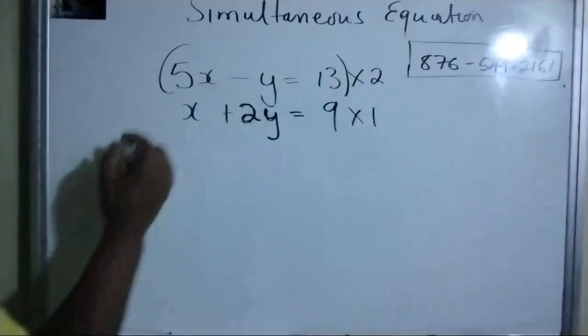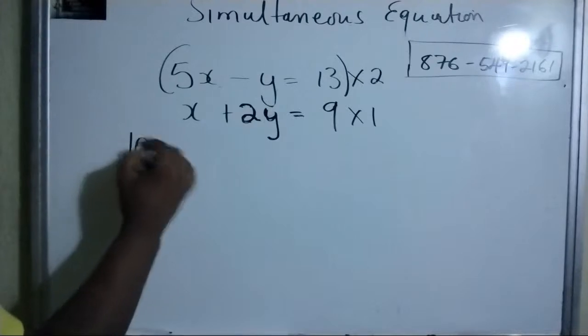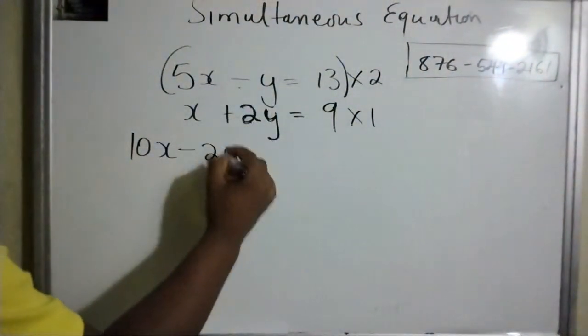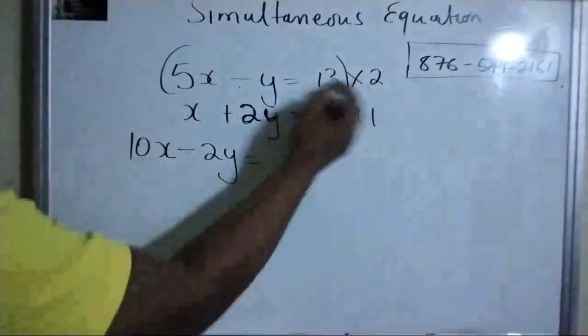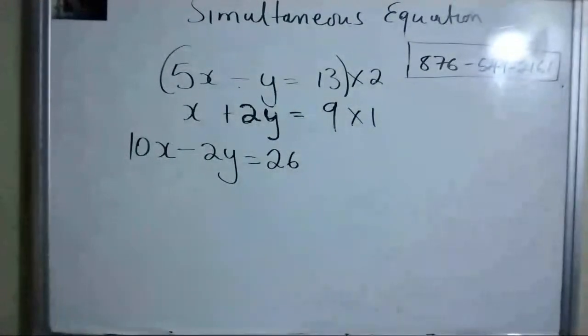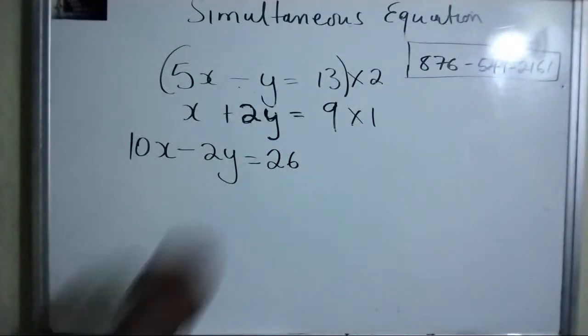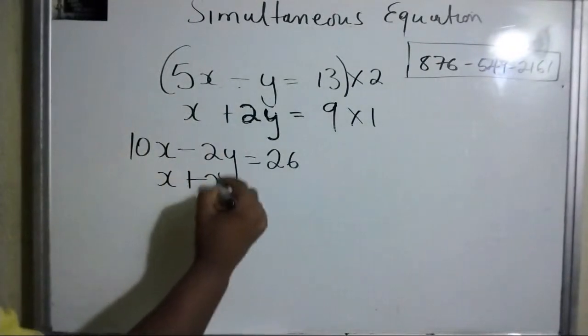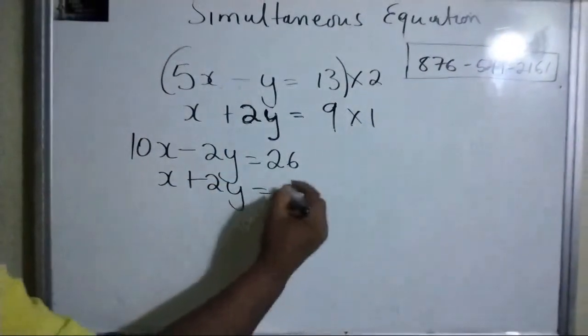Alright, so 2 times 5, that's 10x. 2 times negative y, minus 2y, and 2 times 13, that's 26. Now we're multiplying by 1 times anything. So 1 times x is x, plus 2y equals 9.